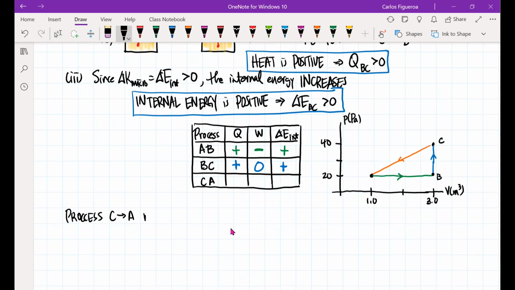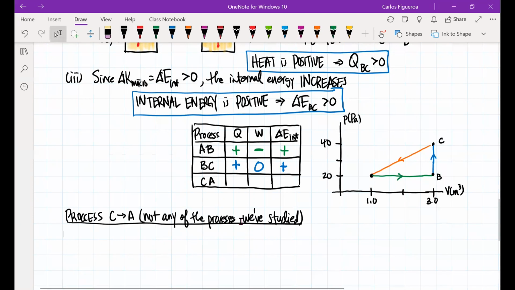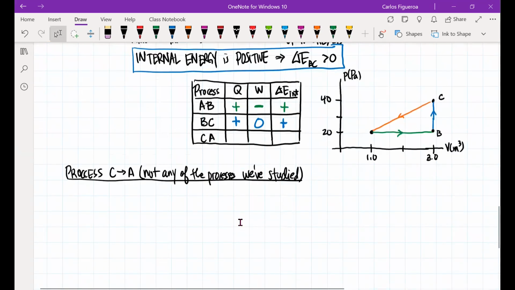In other words, this is not any of the processes we've studied. So what you're seeing here is that this really implies that the pressure, the volume, and the temperature are all changing simultaneously. So here we go. Now let's start looking at this.